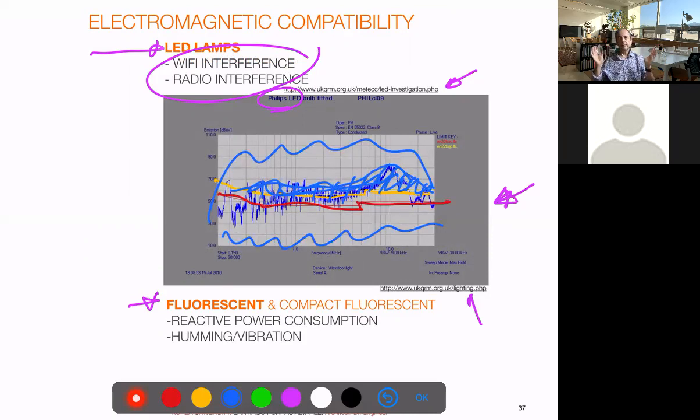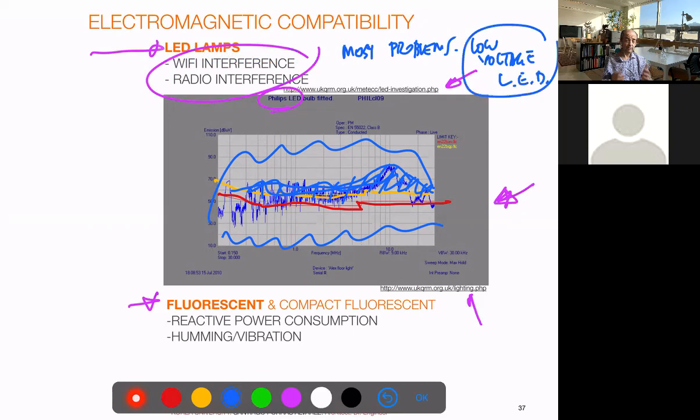And LED is kind of a jungle. There's not a real regulation. So most, but not always, most problems are with low voltage LED. You may have problems with high voltage also, but low voltage, you know, we have 220 volts here in Korea. Japan has 110, but it's a relatively high voltage.